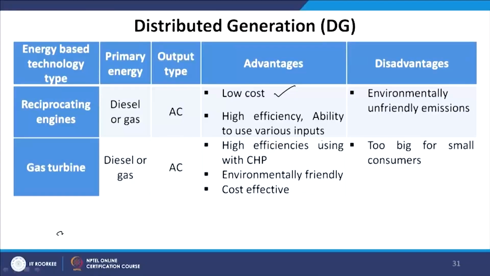Now, the gas turbine again has diesel or gas as the primary energy source and the output type is AC, but the major merits are high efficiency using the CHP concept, environmentally friendly, cost effective, but it is quite large for consumers.